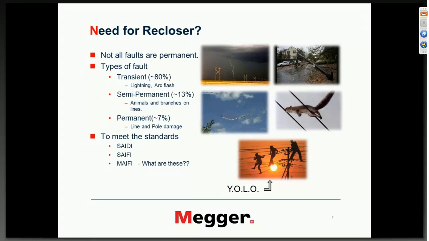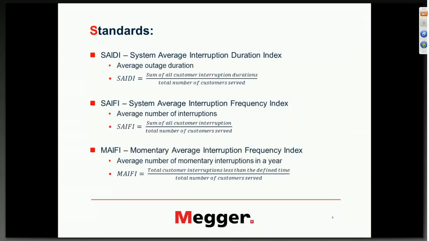Another important need for the recloser is to maintain the standards like SAIDI, SAIFI, and MAIFI. What is SAIDI? Probably most of you already know about this. SAIDI is called the System Average Interruption Duration Index, and that tells you the average outage duration.